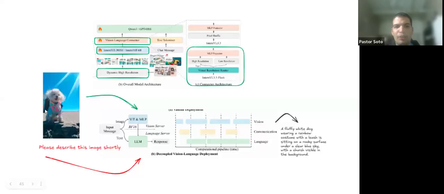So whenever the picture is already processed, we already have our answer: a fluffy white dog wearing a rainbow costume on a serene rocky surface under a blue sky, with a church visible in the background. It doesn't have to wait to have all the meaning. It's preparing the response as it processes the image.